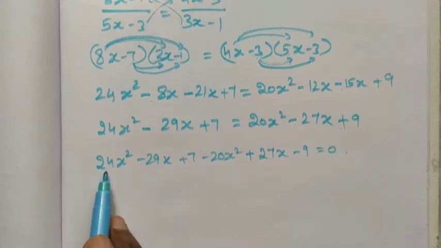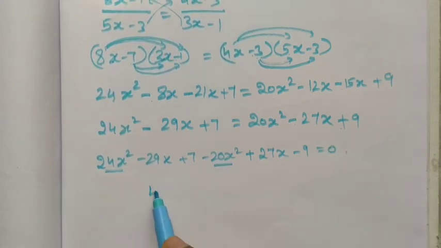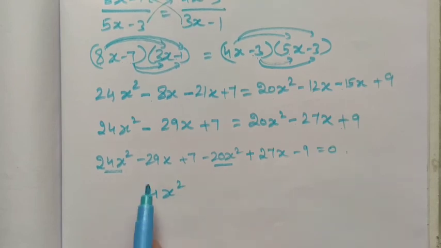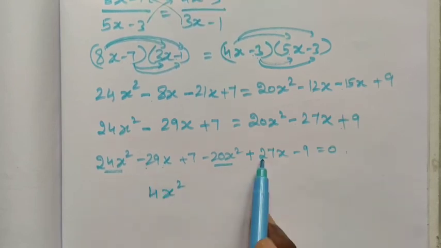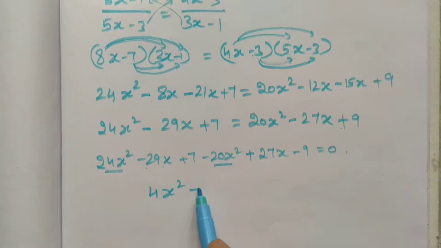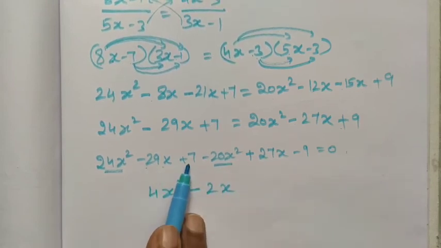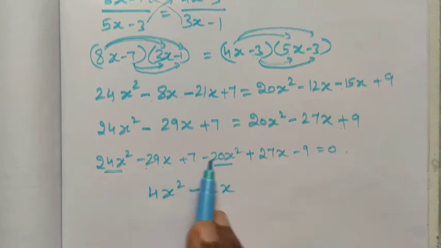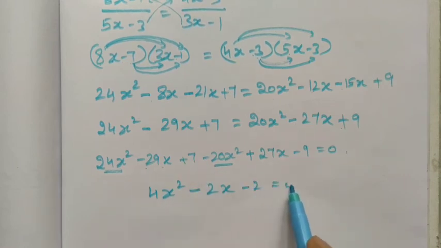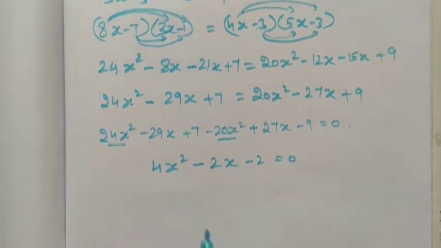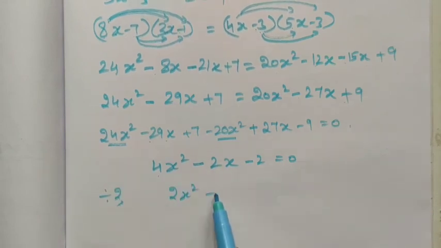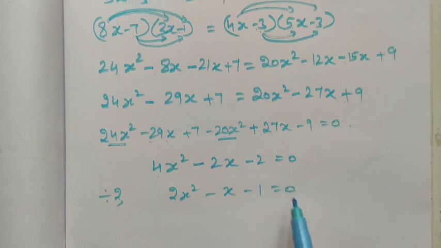So 24x square minus 20x square is 4x square, minus 29x plus 27x is minus 2x, plus 7 minus 9 is minus 2, equal to 0. All the terms are divisible by 2, so 2x square minus x minus 1 equal to 0.